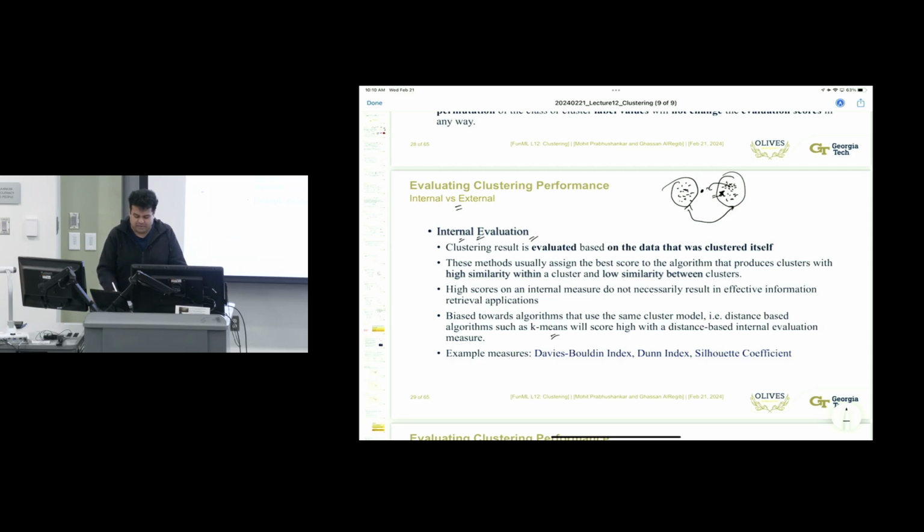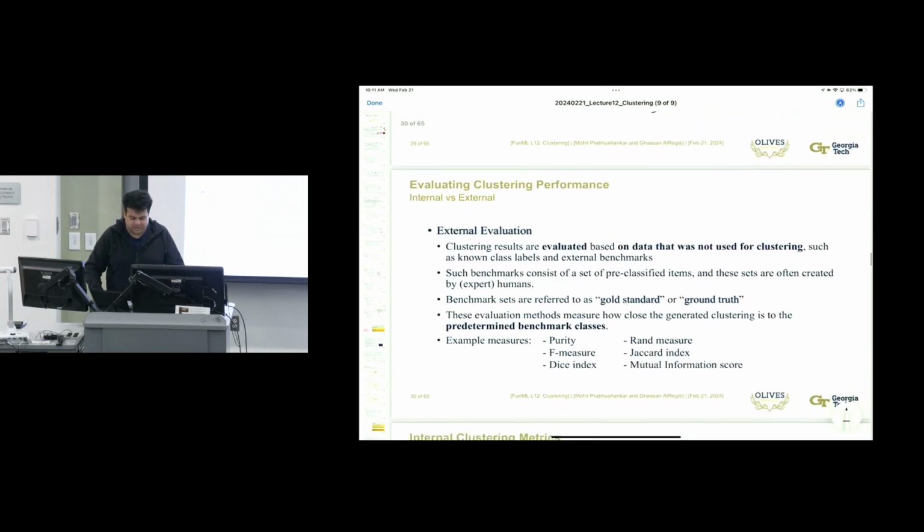If the model that I'm using to evaluate this distance is based on Mahalanobis, then maybe that is going to favor GMMs. But if it's based on Euclidean distance, as it usually is, then we are looking at more bias towards the k-means clustering algorithms. We look at three things here: the Davies-Bouldin index, the Dunn index, and the silhouette coefficient.